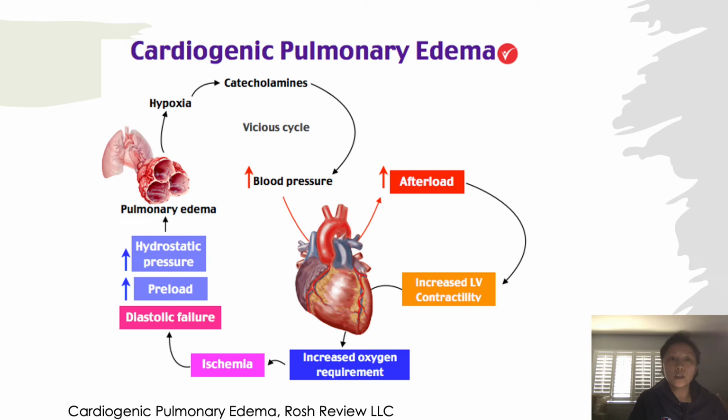Cardiogenic pulmonary edema is caused by an increase of hydrostatic pressure. It's normally due to left ventricle failure. The pressure increases in the left ventricle, which is transmitted to the left atrium, then goes to the pulmonary veins.